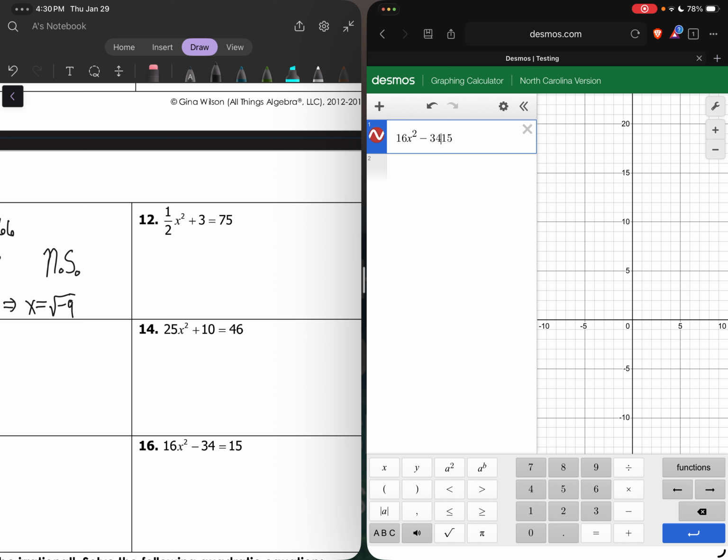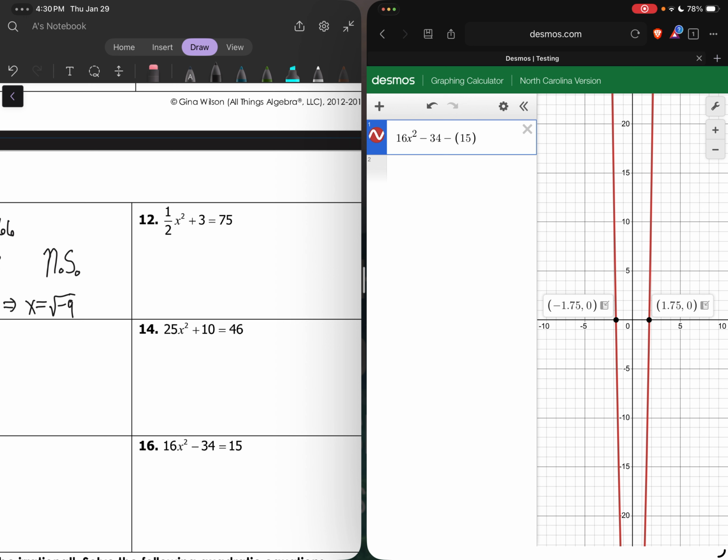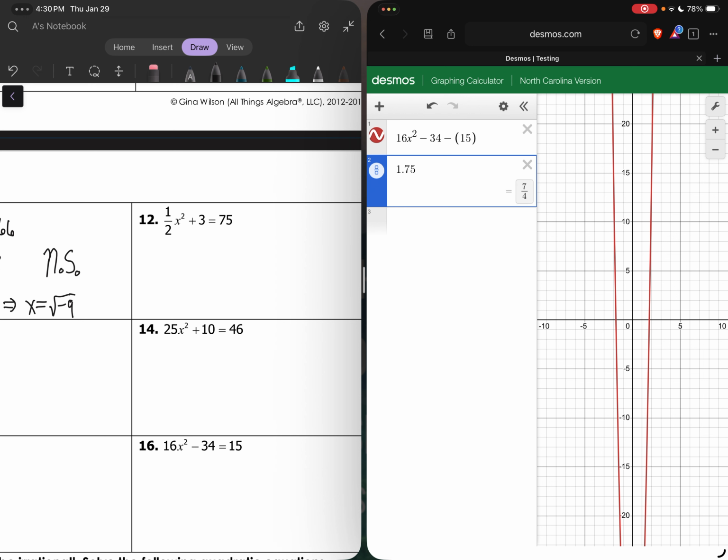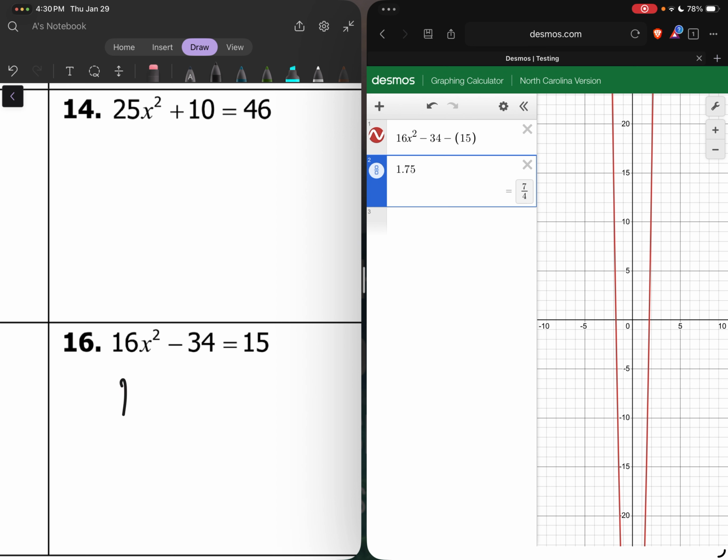Instead of equal, though, I'm going to erase and put minus open parenthesis. There are my 2 solutions. If I want this in a fraction, 1.75, click the fraction button on the left here. 7/4.